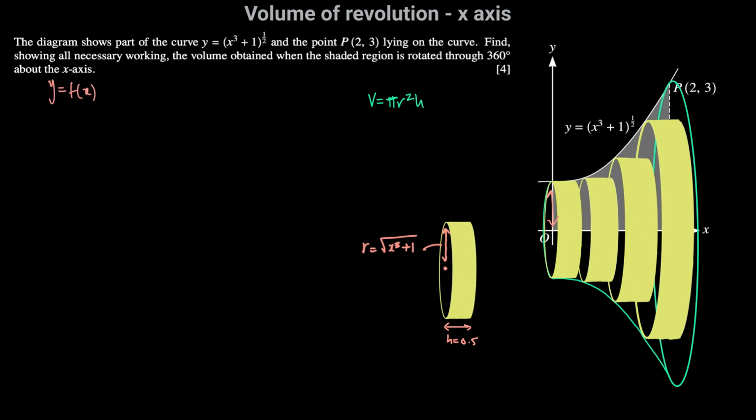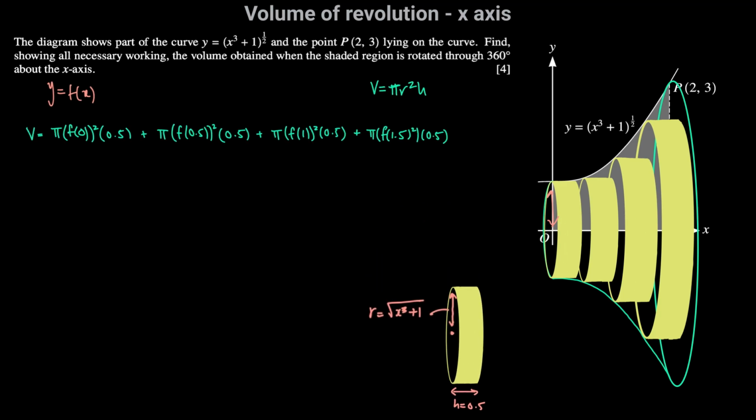So then we can calculate the total volume of these discs by using the following expression. The volume of each disc is V is equal to pi r squared h. So for the first disc, the height is 0.5 units and the radius is simply f of 0. So we have pi times f of 0 squared times the height, which is 0.5. For the second disc, when x is equal to 0.5, the radius r is f of 0.5.